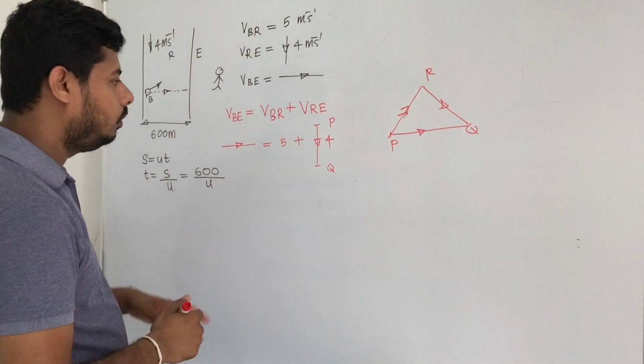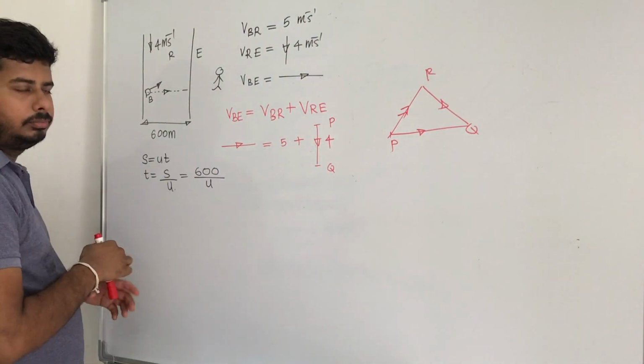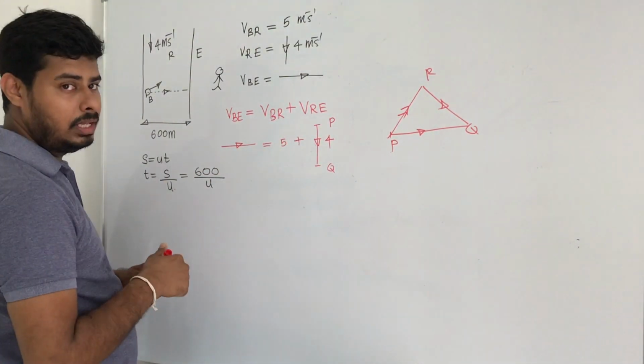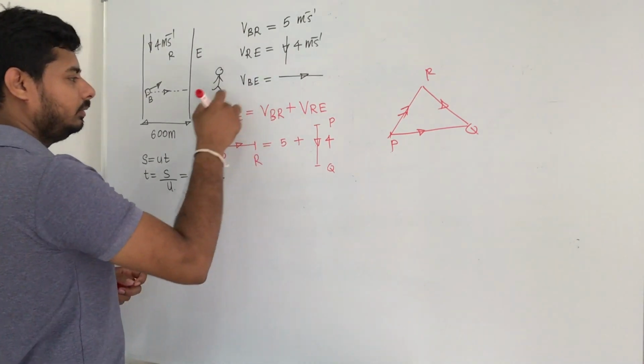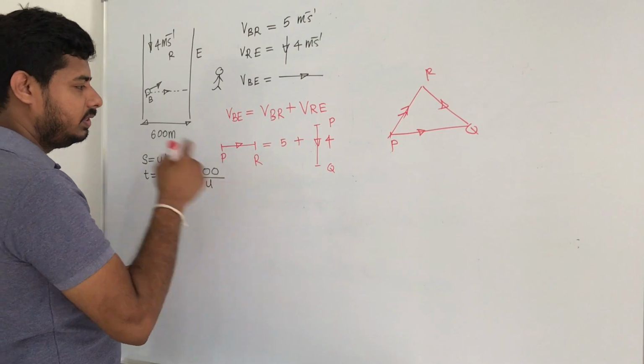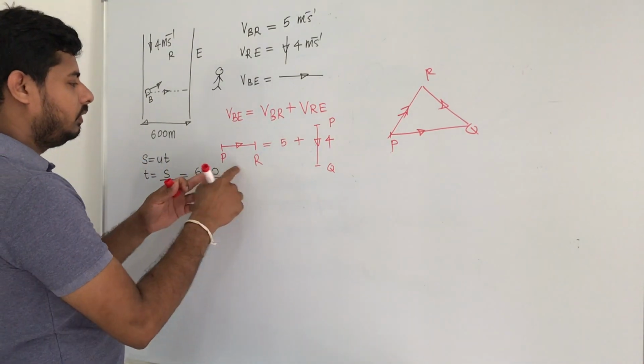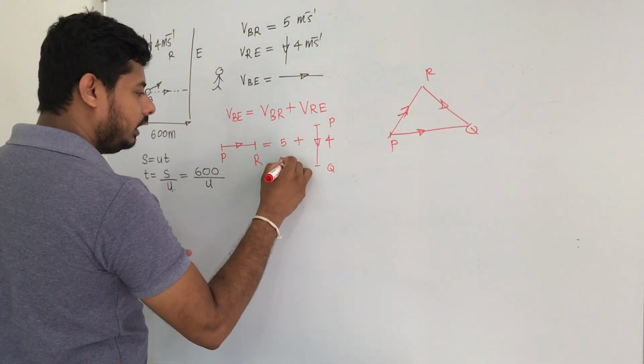That is very simple, so you can use this technique here. If you put this one as PQ, then definitely this one should be PR, because according to the equation this is the resultant. So if this is PR, then this should be QR.